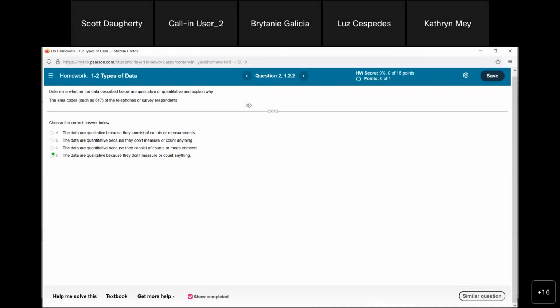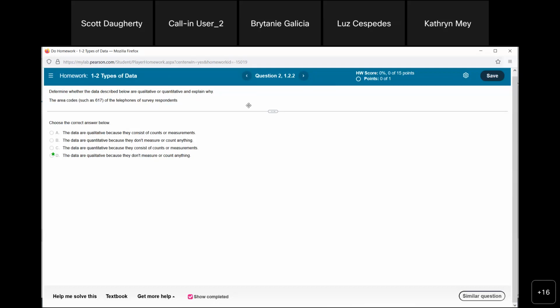So the first major breakdown is you must decide whether it's qualitative data or quantitative data. And of course, the difference is that quantitative data refers to numbers and qualitative data refers to qualities.